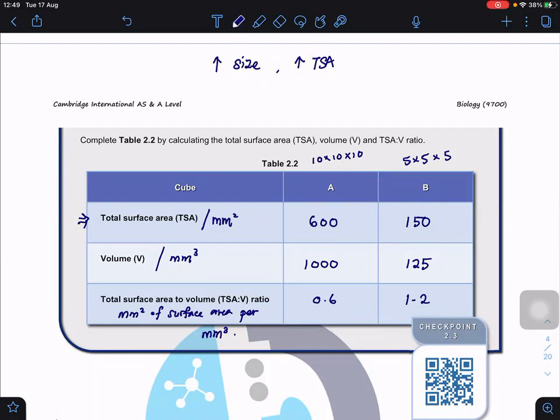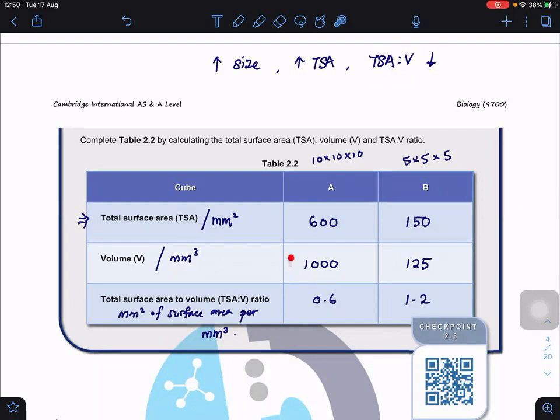But when you increase the size, the total surface area to volume ratio decreases. That is correct. Why? Because when you increase the size, the volume increases even more, because it is cubed.